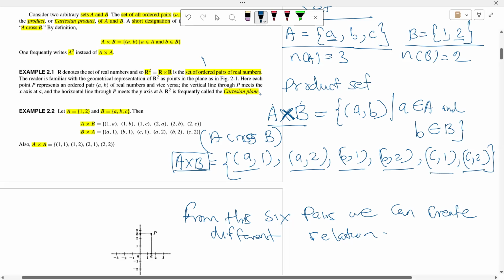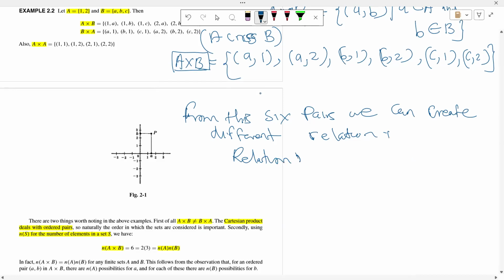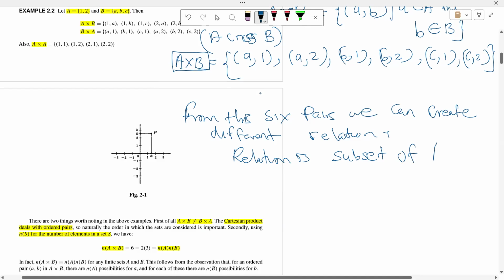Maybe not all 6 pairs, we are creating a relation with different elements from these 6 pairs, right? So it means relation is a subset of, so we can write, relation is a subset of A cross B, right?